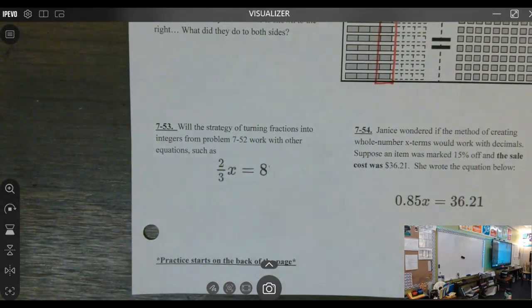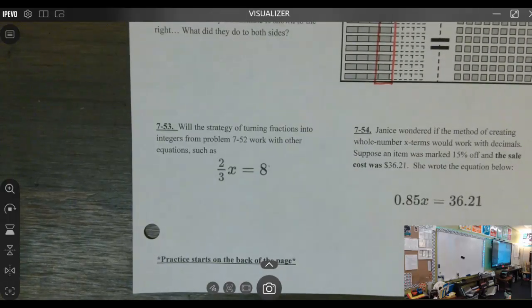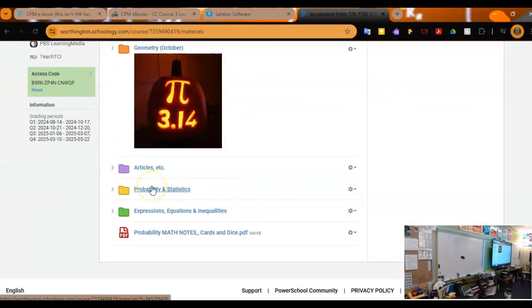I'm going to upload that probability page right now. Hey, in case you want to look at it, it was in our probability folder, but I also just put the probability reference sheet down here.